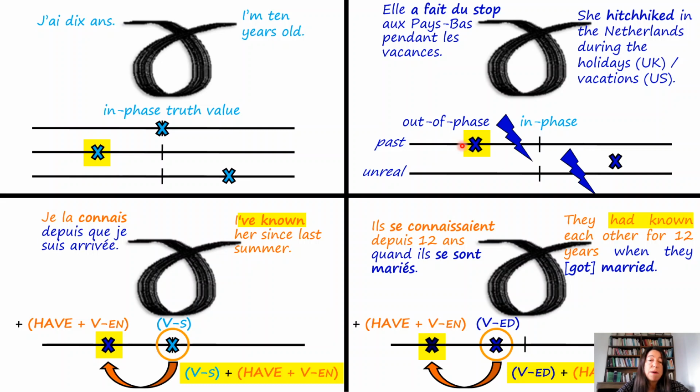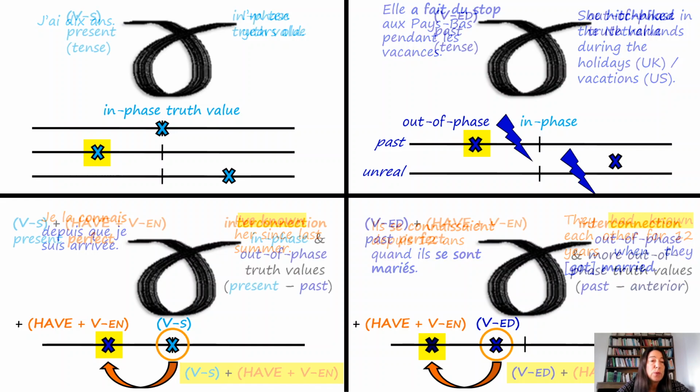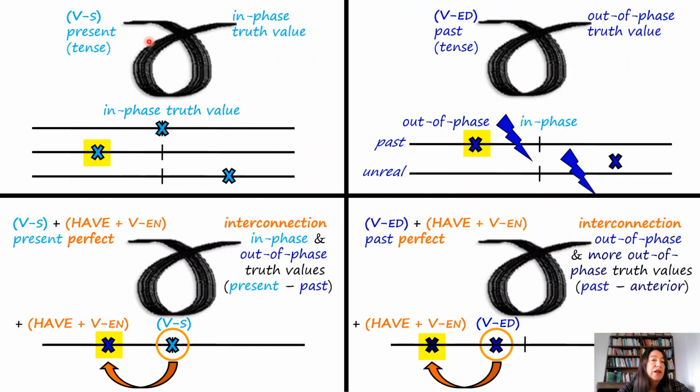And there are four main different ways of looking at it. Therefore, we can use either the present tense to refer to a past action as soon as we're in phase with that past action, or if we're out of phase, we'll use the past tense to refer to the past action.